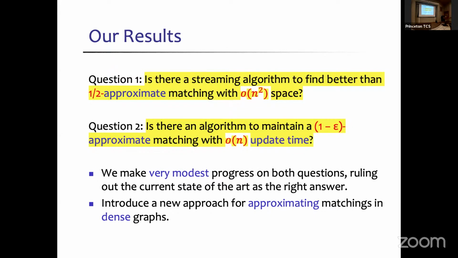The streaming result, yes, is for worst case. For random, we can get something like a 2/3 approximation, or recently, I think there was a result which even reached 2/3 very slightly in n polylog space.